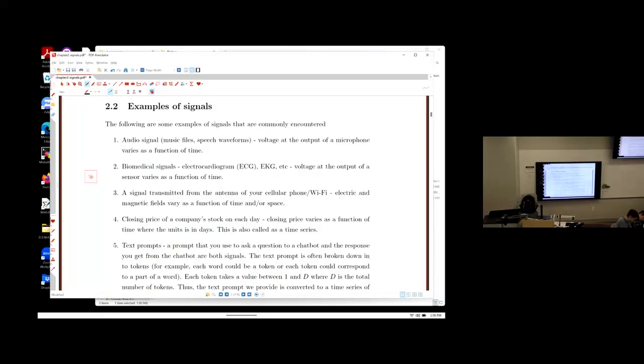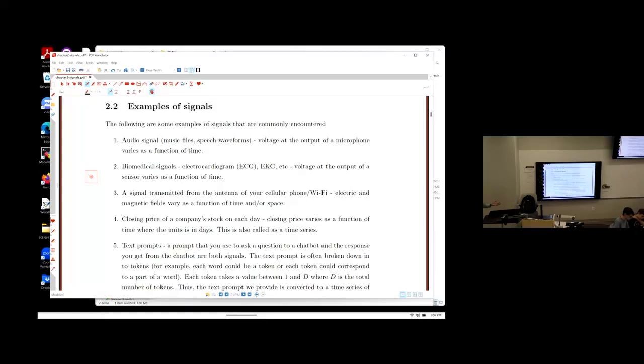The third signal that you might be interested in is when you talk on your phone, or when you upload a photo from your phone. There is an antenna on your phone. The antenna is sending a signal to the base station or to the Wi-Fi router, right? So typically you want to upload a photo.